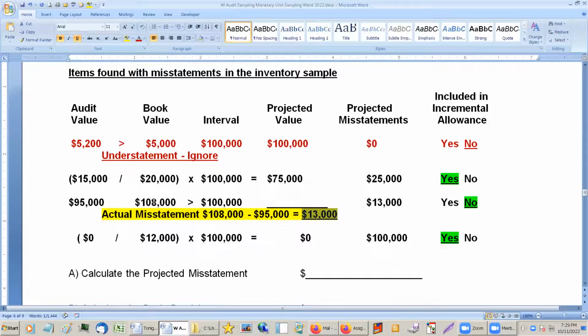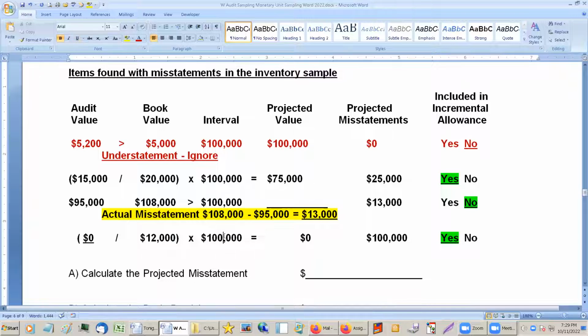So they said it was 108. We say it was 95. The actual misstatement is 13,000. That's what we take and put it over here. And nothing else could go wrong in that interval. It covered the entire interval and then some. Down here, again, this one is also well behaved. Again, some of the literature will say check on why it's 0, which you would do anyways, but regardless.